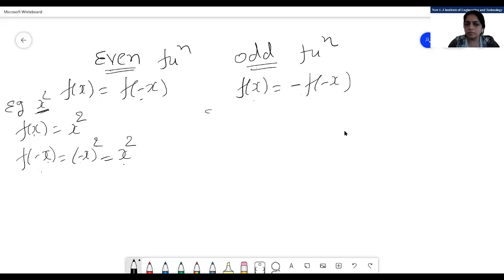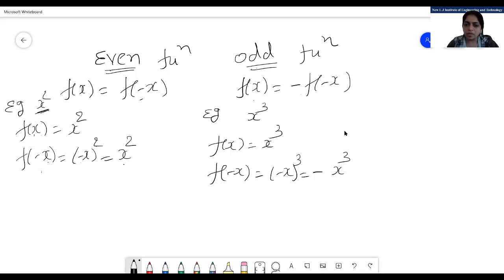But if I take x cube, then f of x is equal to x cube. But what is f of minus x? Minus x cube, right? It means the f of x and f of minus x values are the same, but the sign is different.